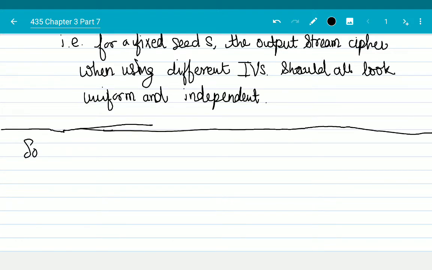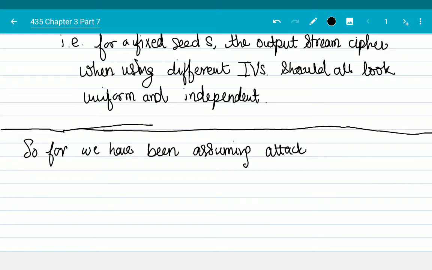So far we have been assuming the attacker is a passive eavesdropper.